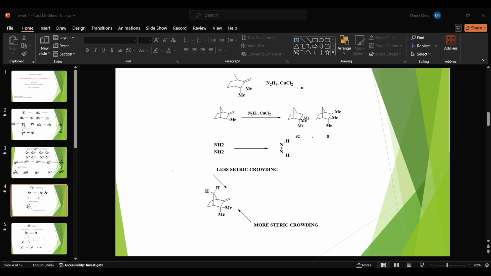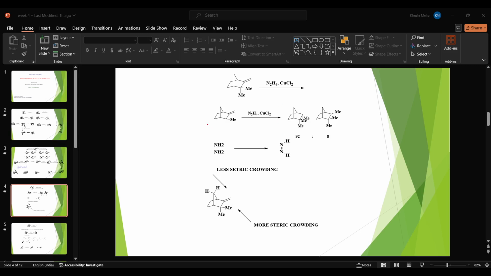Always from the below face your boron will be attacked, and your ketone has to be from the same face only, because our hydride has to be transferred to the keto. It has to come close in proximity to transfer any kind of nucleophile, hydride reagent or proton.